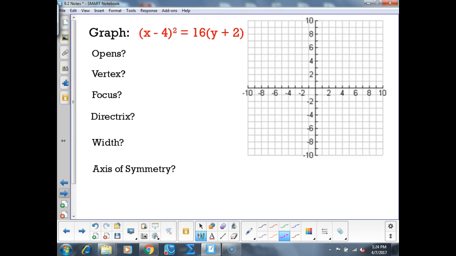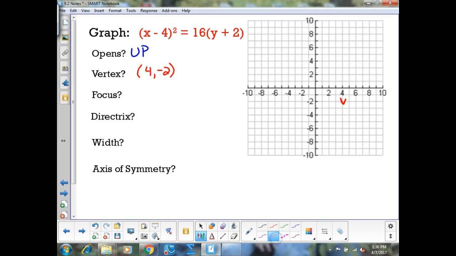Graph that one. Which way is it going to open? Up. Okay. What is my vertex? 4, -2. 4, -2. Okay.